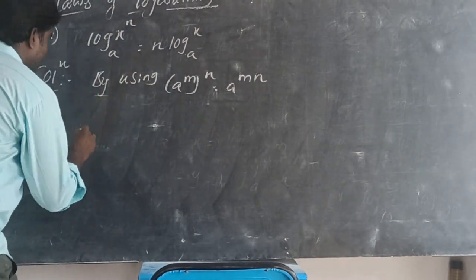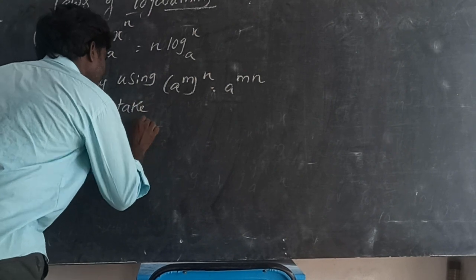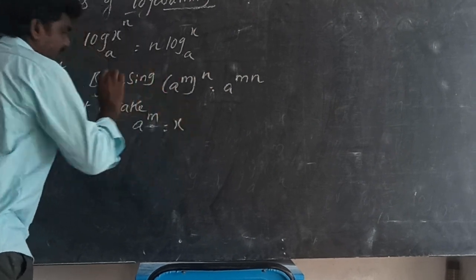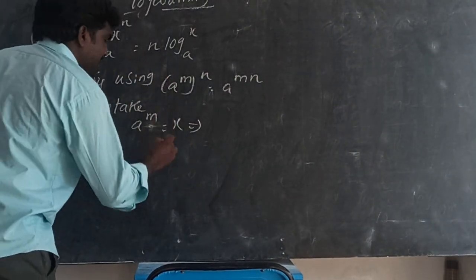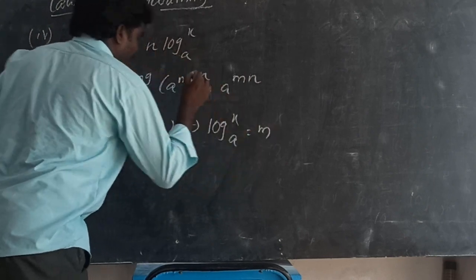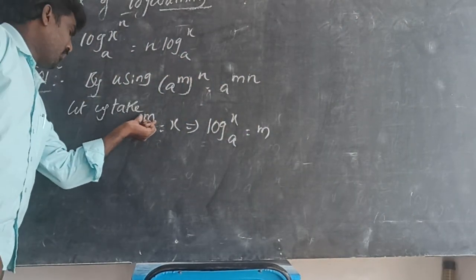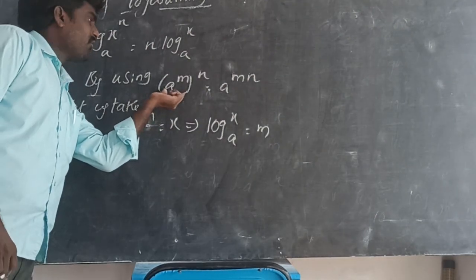Let us take a power m is equal to x. Now apply the logarithm form, that is, log x base a is equal to m. Now a power m we take as x, so we can substitute x in the place of a power m.